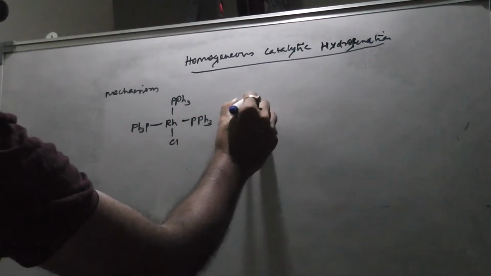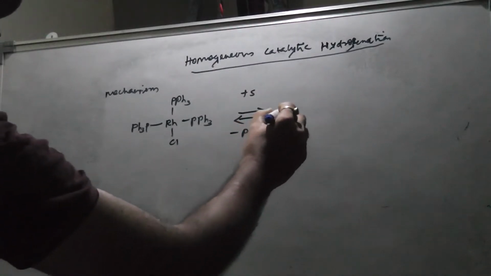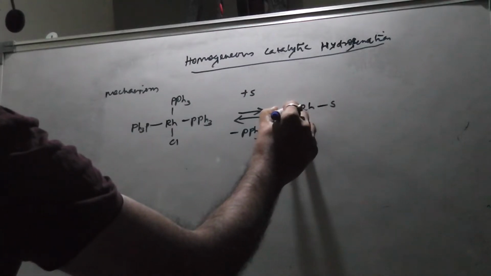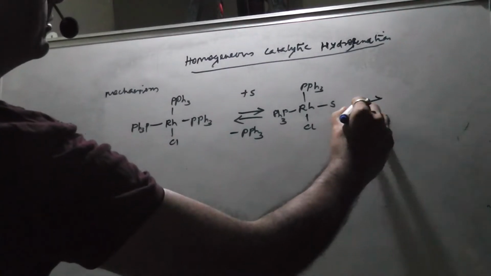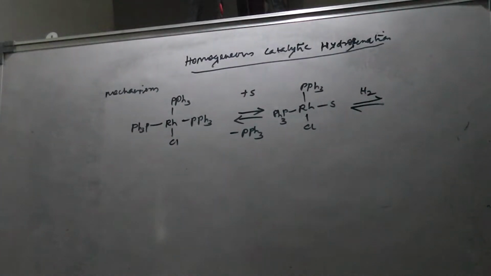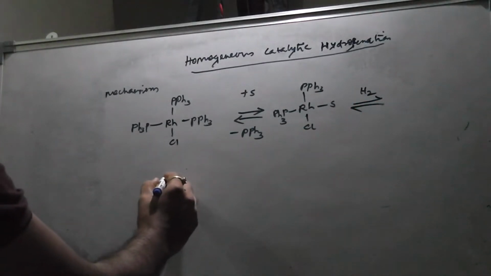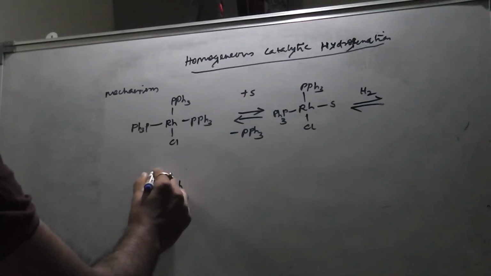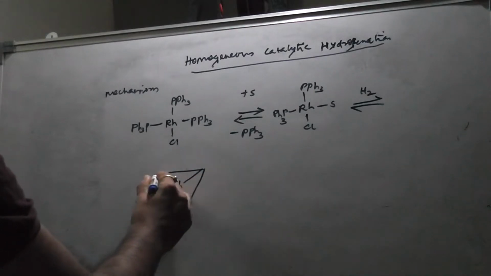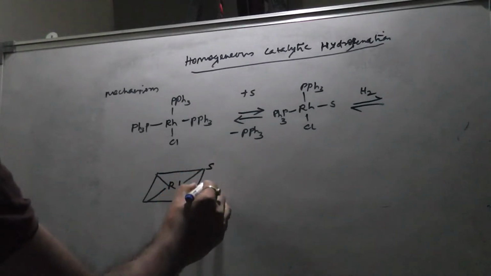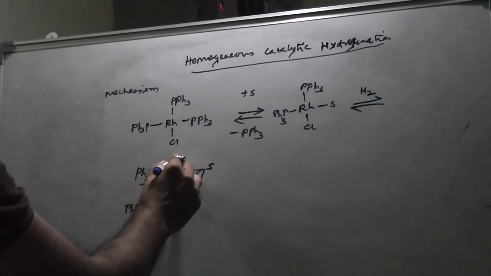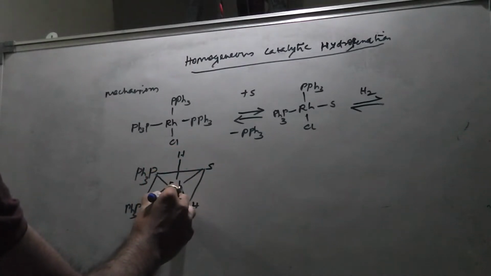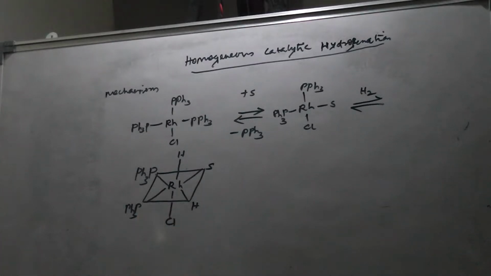A solvent molecule actually replaces a ligand. Then hydrogen will be added, leading to a complex of this kind where both the hydrogens are attached to rhodium.